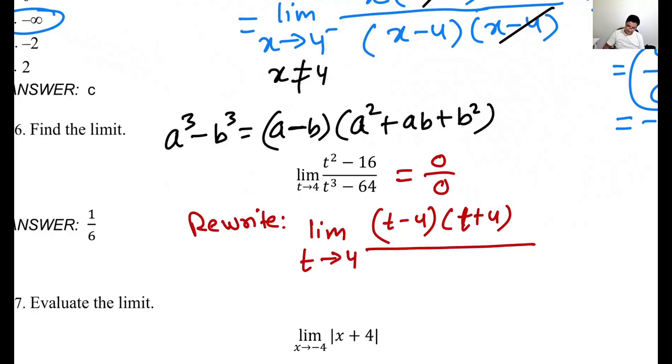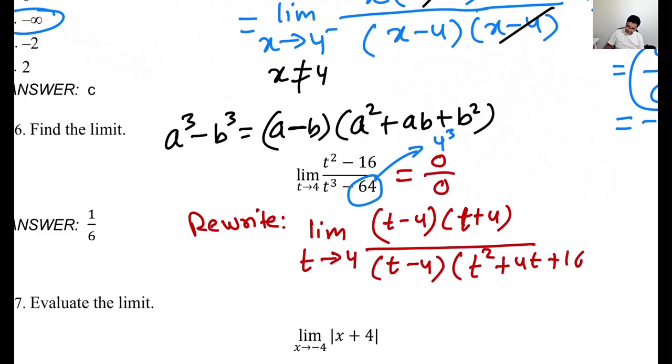And if you apply that factorization here, it will be t minus 4. By the way, knowledge of small tables is important. 64 is 4 cubed. 4 squared is 16. 16 times 4 is 64. So it's t cubed minus 4 cubed. And when you do that, it's t minus 4 times t squared plus 4t plus 16. Right? a squared plus ab plus b squared.